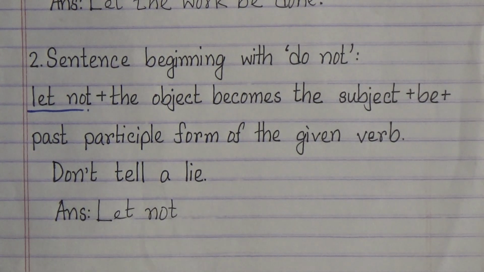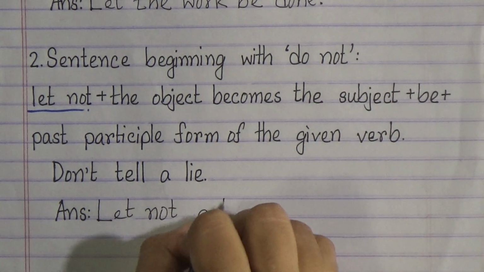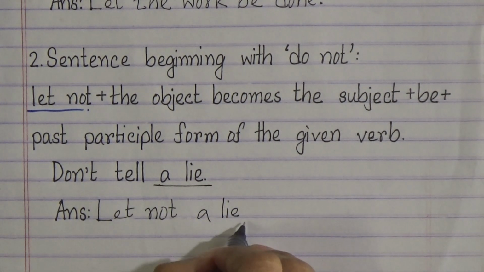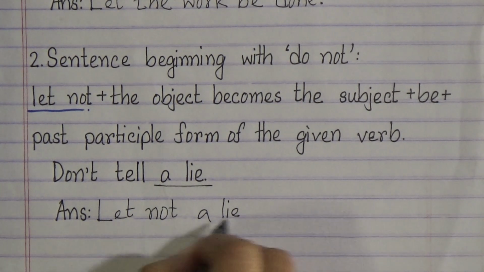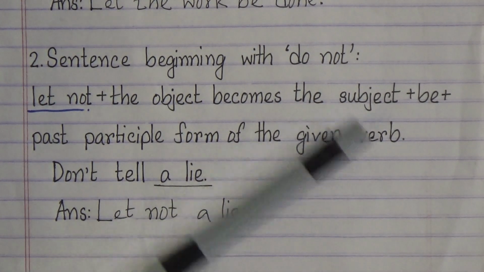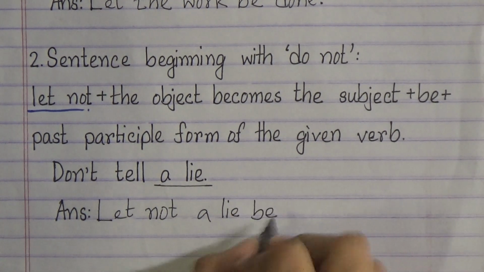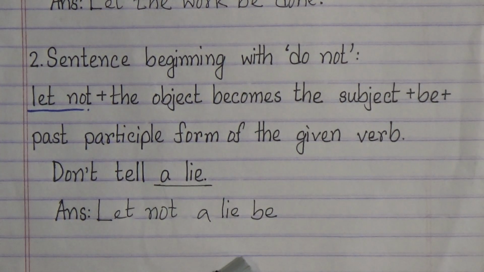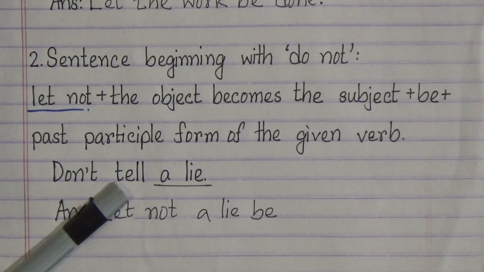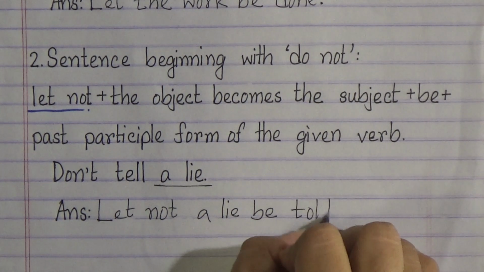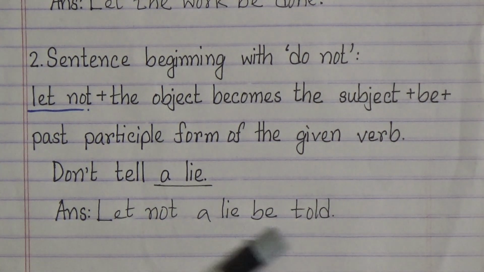Our object is a lie. Let not a lie. Then we will write be according to our rule. Let not a lie be. Then we will write the past participle form of the verb tell. So it will be told. Let not a lie be told.